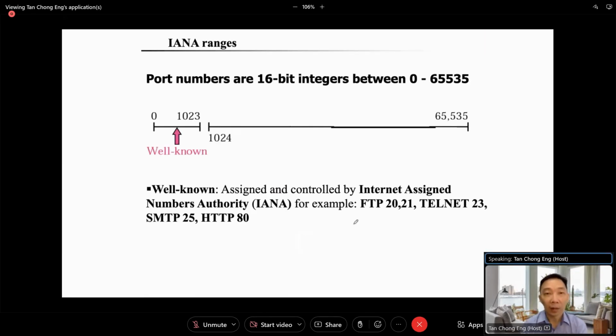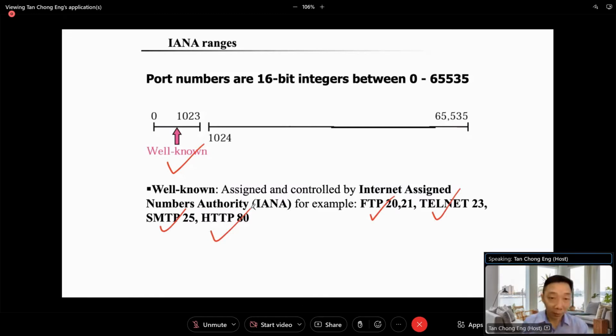In terms of port numbers, what can we use? It's actually the first 1,000. The first 1,000 are the well-known port numbers for some of the well-known services, for example FTP, Telnet, SNMP, HTTP. They are all different types of services that can be offered by the same machine.